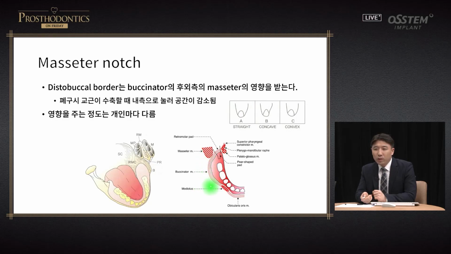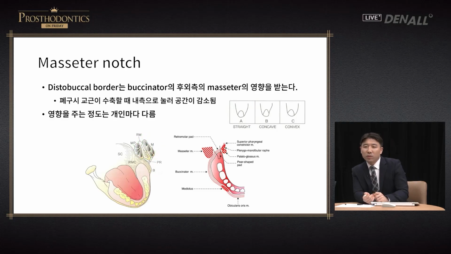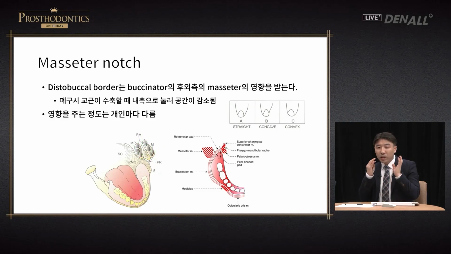In the case of the masseter notch, there is an external oblique ridge, and this is the retromolar pad. And the masseter notch passes diagonally between the two. The buccinator muscle covers it. The M is the masseter muscle. Patients with a very developed masseter muscle, when they chew, it can contract and push the buccinator muscle.